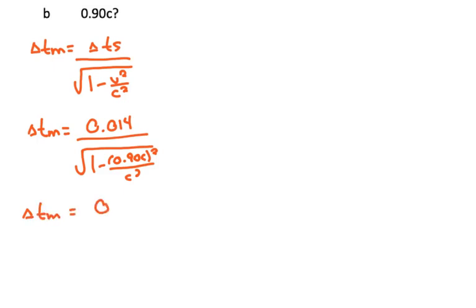Working that out, 0.90 all squared is 0.81 c squared.